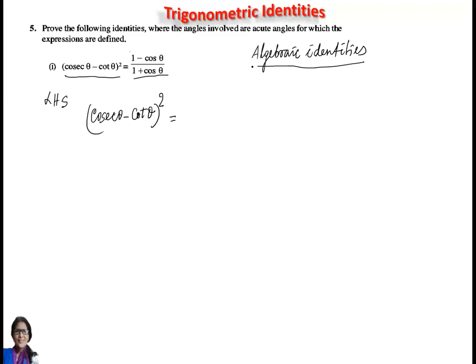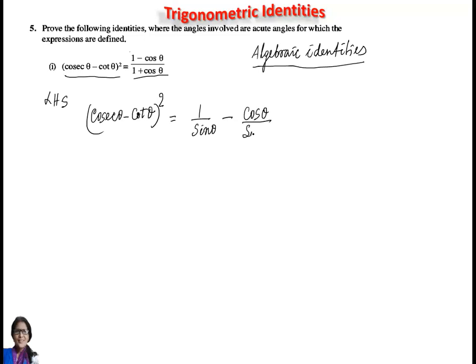Of course, you have to be expert or confident in algebraic identities. Algebraic identity means a plus b whole square, a minus b whole square, a square minus b square, then only you can do. So cosec I am writing as 1 by sine theta, and cot theta I am writing as cos theta by sine theta.